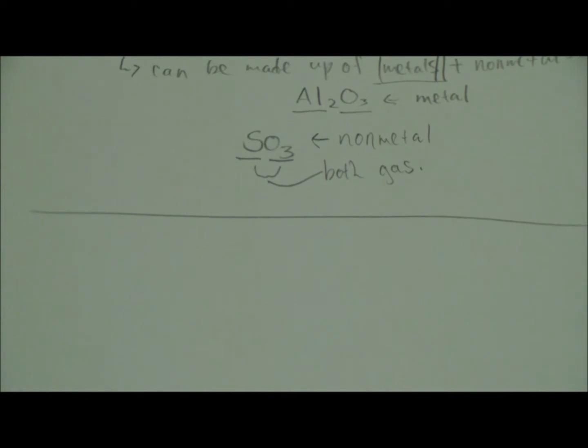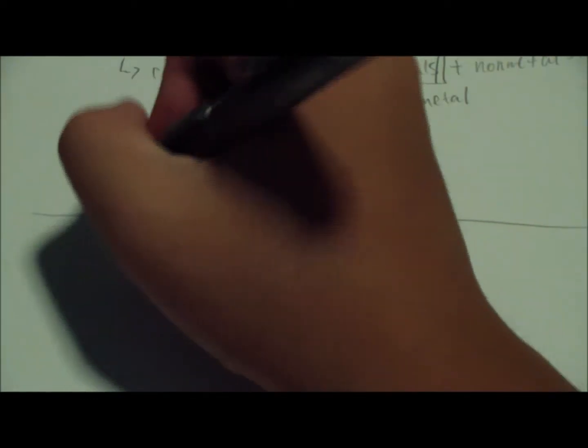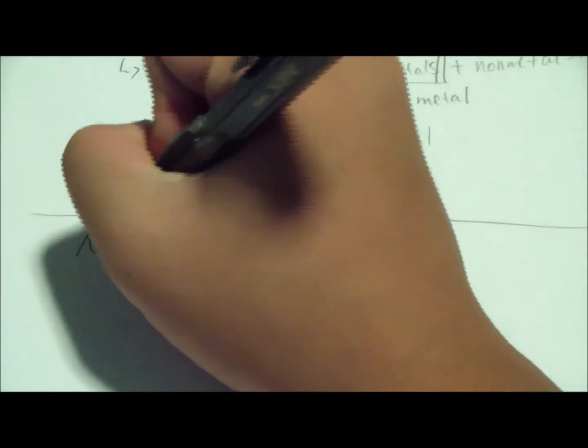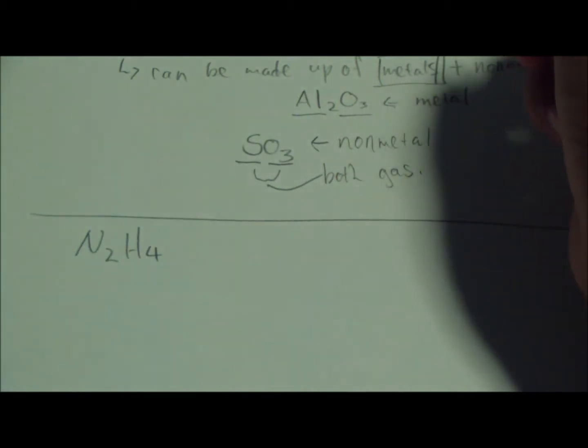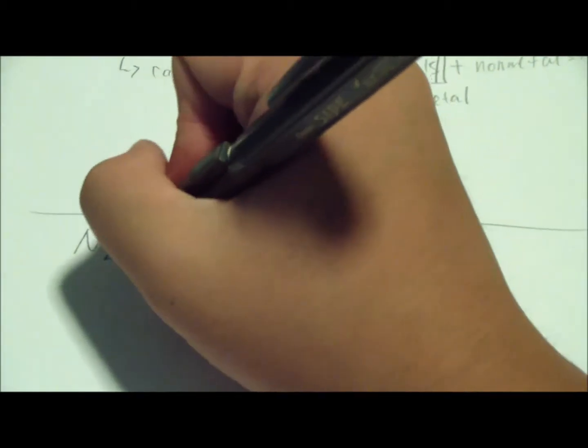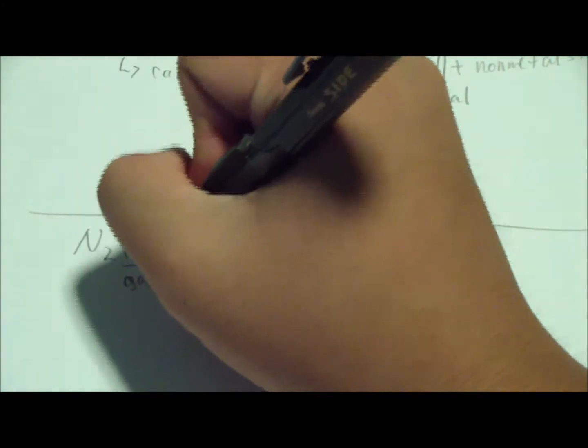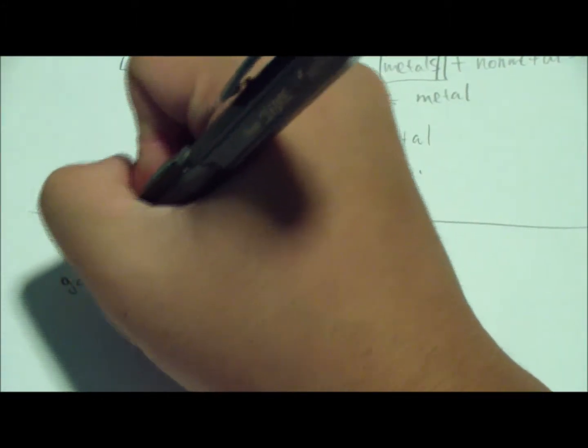Let's see what example I can get. N2H4. First, we need to classify them as metals or non-metals. So you see, hydrogen is a gas, nitrogen is a gas, right?